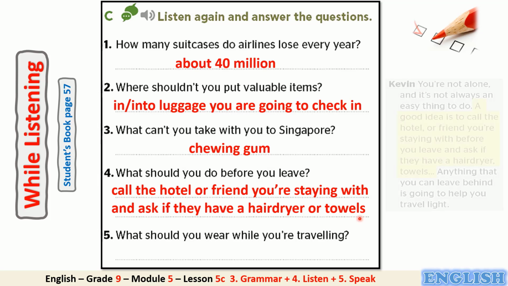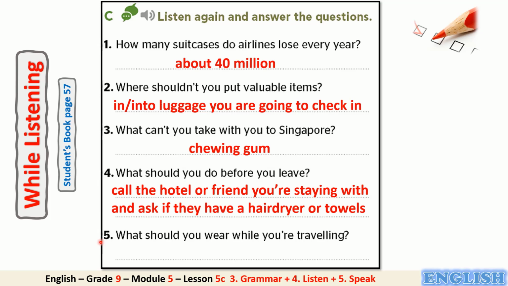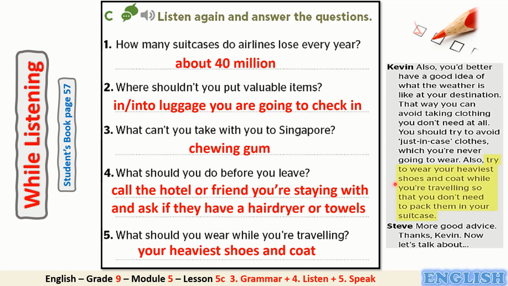Can you justify this answer? Excellent, my students. The last question. What should you wear while you are traveling? Very good, my students. Your heaviest shoes and coat. Can you justify this answer? That's right. Well done, my students.